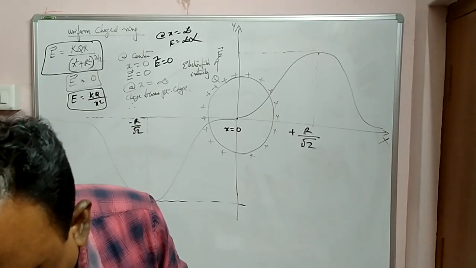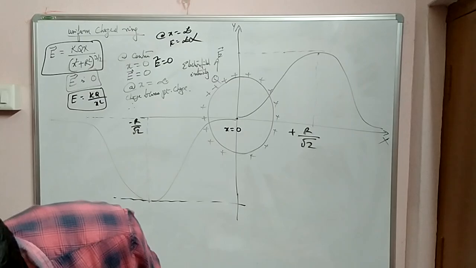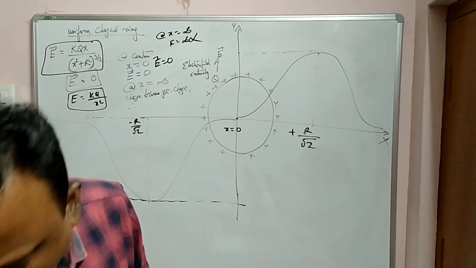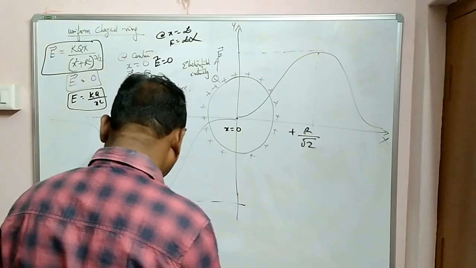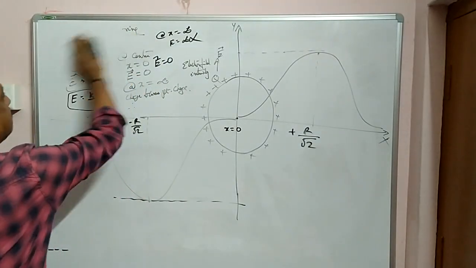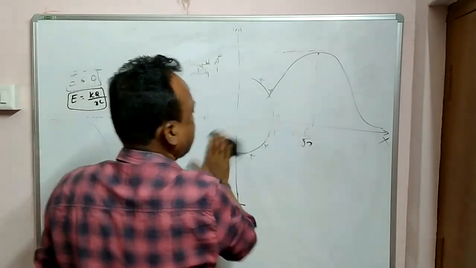Now let us go to the next item. I told you I will be telling something more important, that is the motion of a charged particle. Please note down: motion of a charged particle.